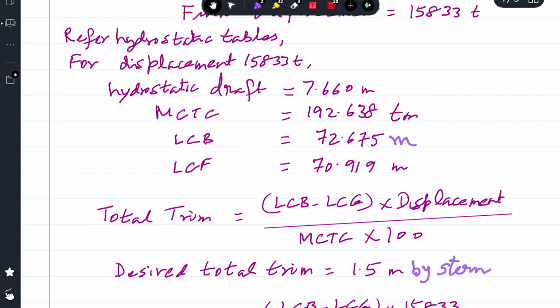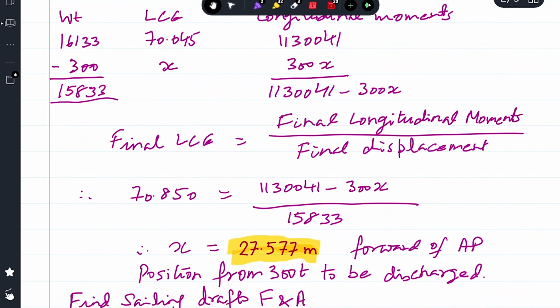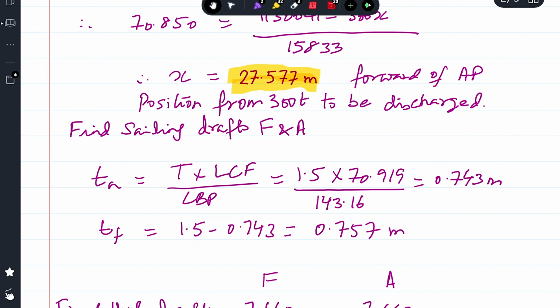Our final displacement was 15833 tons. For that, we have found the LCF 70.919, upon ship's length between perpendiculars 143.16. It gives 0.743 meter as the change in the draft aft due to trim, or trim aft.